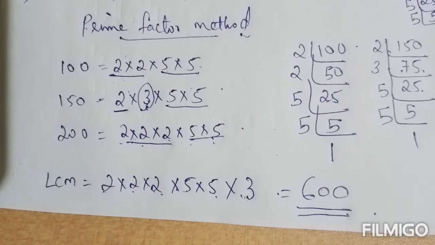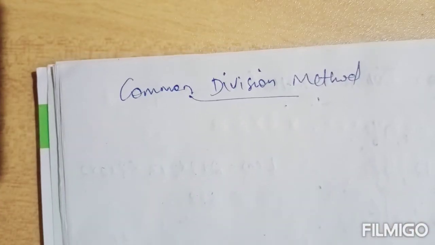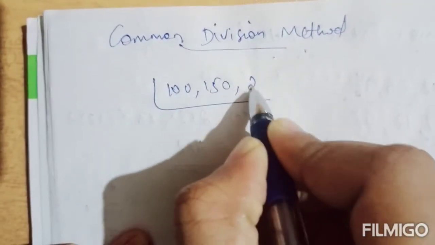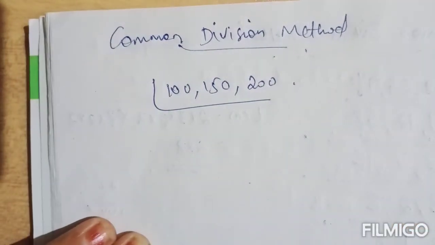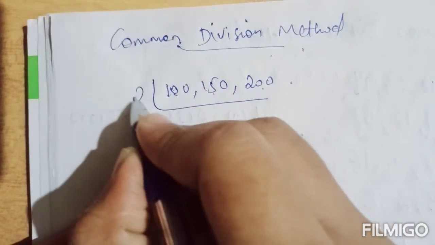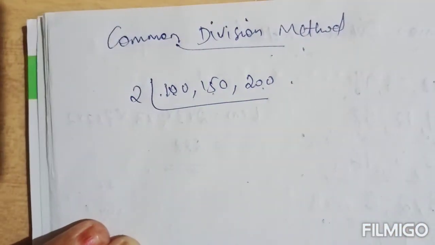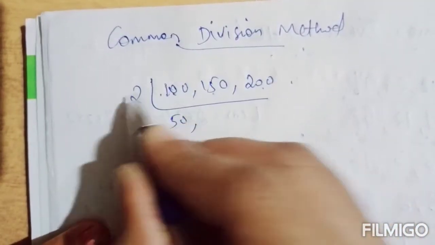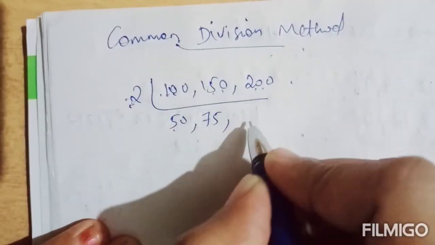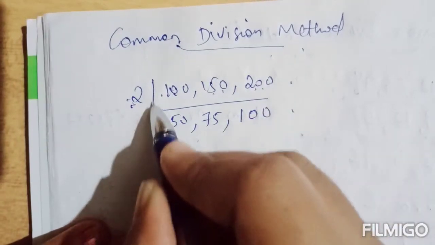Okay, now let us find the LCM of 100, 150 and 200 by the common division method. In the common division method we will do the prime factorization of 100, 150 and 200 together. So 100, 150, 200 you can divide by the prime number 2. Here 100 divided by 2, 50; 150 divided by 2, 75; 200 divided by 2, 100.